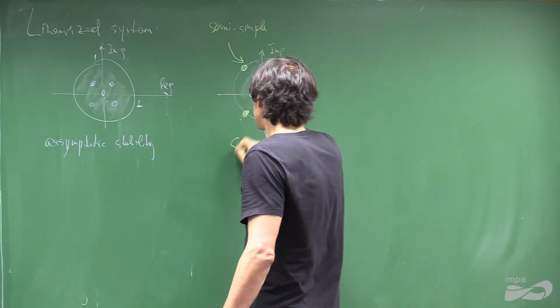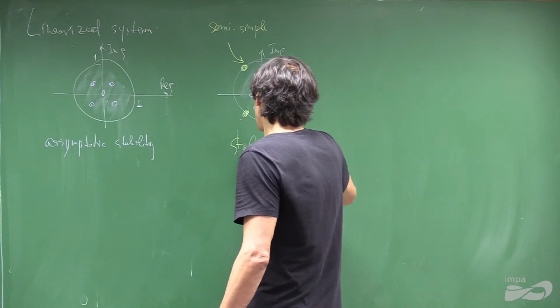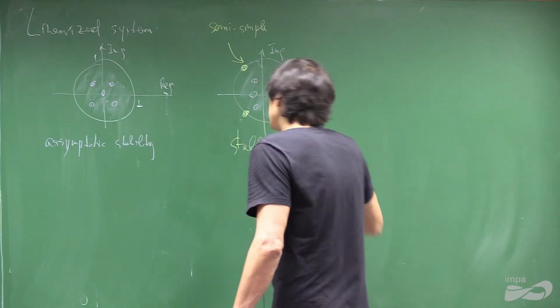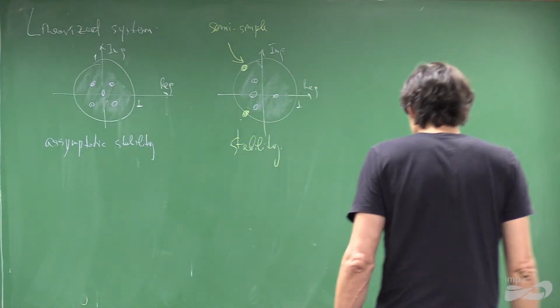So in that case, we have stability. So that's Floquet's theorem for the linearized system.